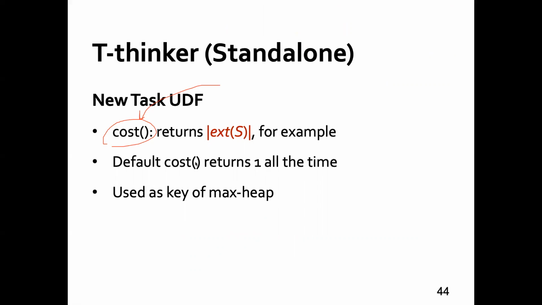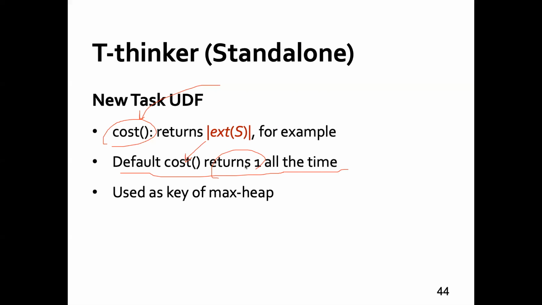We rely on divide and conquer, so the time delay, time out mechanism to do that. Here's what you can do. The default task class can just return 1, like everyone is equally expensive. So if the user doesn't overload this, then we don't have a priority.